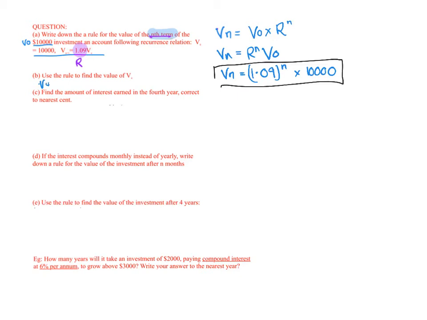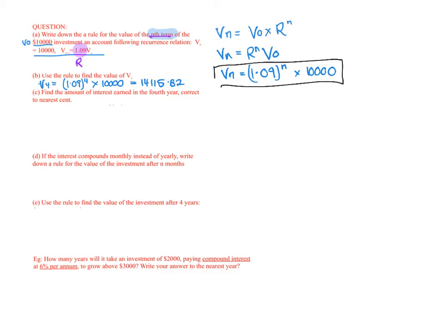So V4 would equal 1.09 to the power of 4 times 10,000, which is going to equal 14115.82.